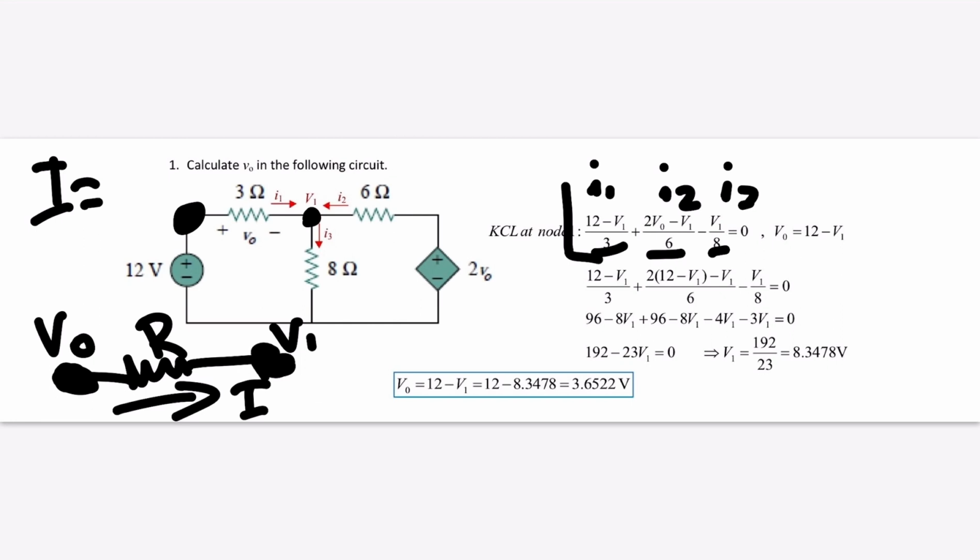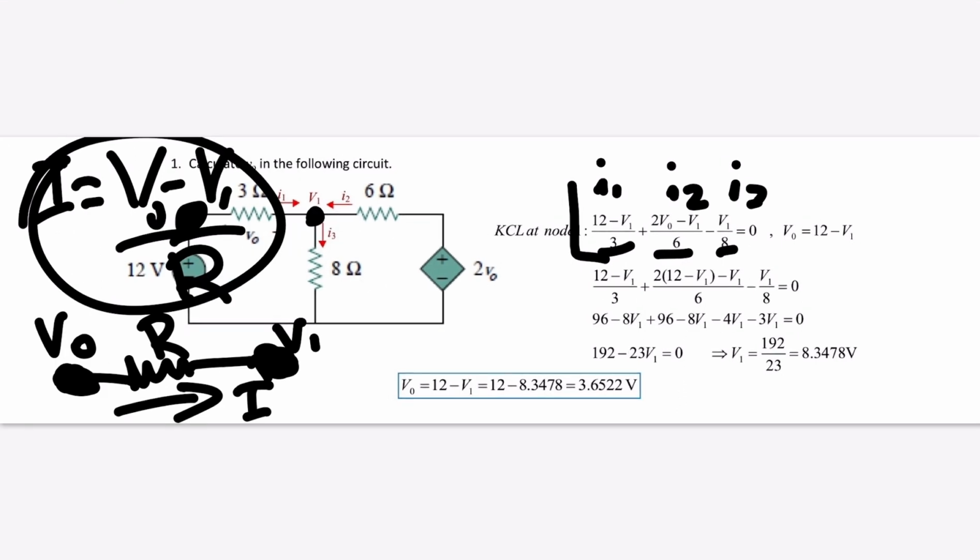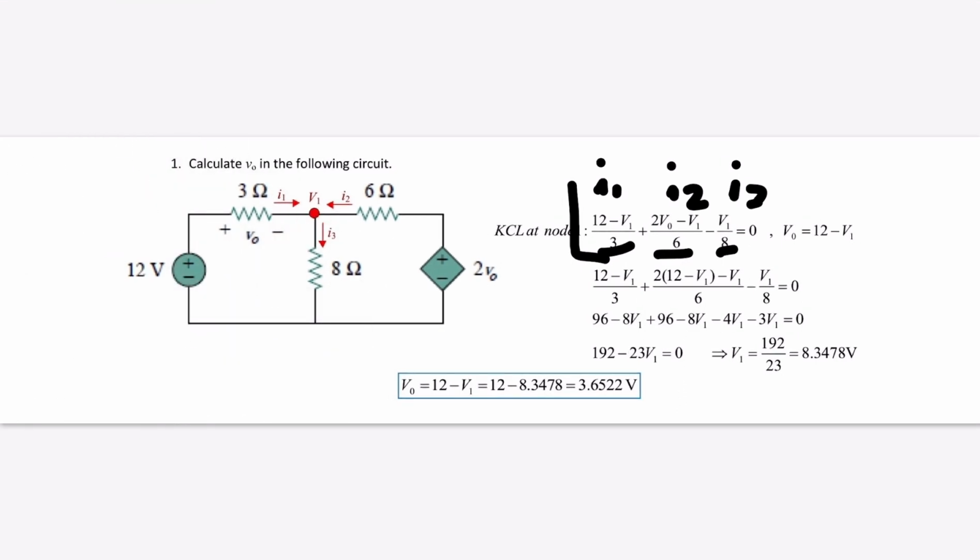The resistance between these nodes is R, V0 is the initial point, V1 is the final point, and R is the resistance between them. So this is the equation to find I, and we have used that in the following equation over here.